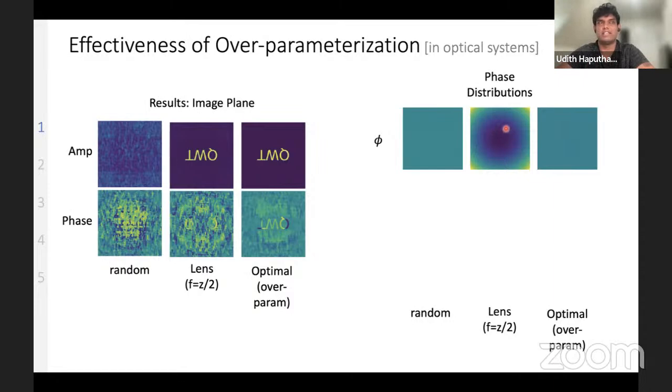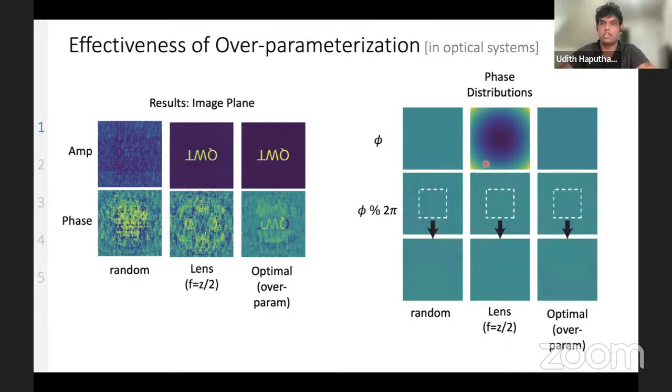I haven't put the scales here, but these are unfolded. I have this to show the mod 2 pi values as well. The mod 2 pi values range from 0 to 2 pi, and these are in different scales.